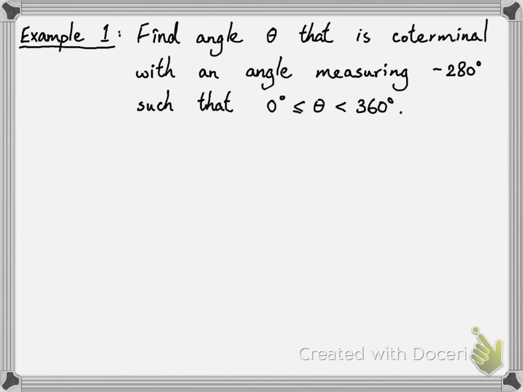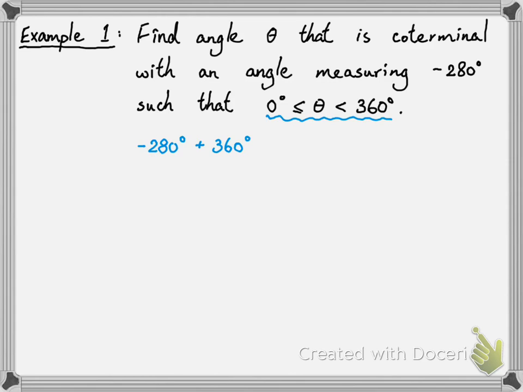Example number 1. Find angle theta that is coterminal with an angle measuring negative 280 degrees such that 0 degrees is less than or equal to theta less than 360 degrees. Since the angle is negative, we will keep on adding 360 degrees until our answer falls within the range of 0 to 360 degrees.